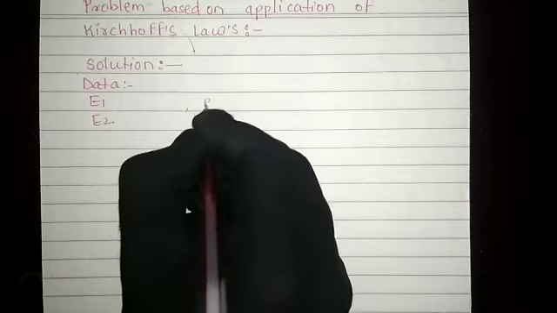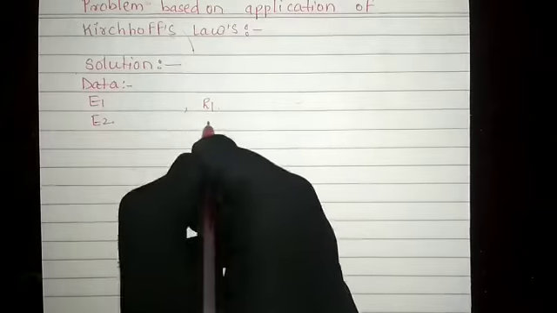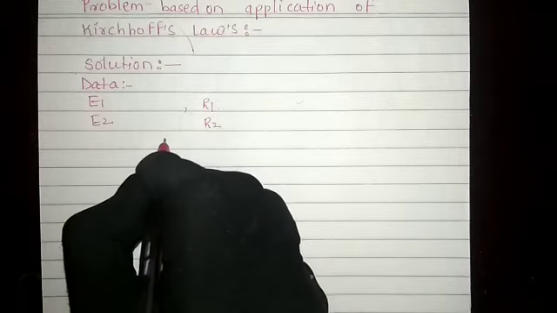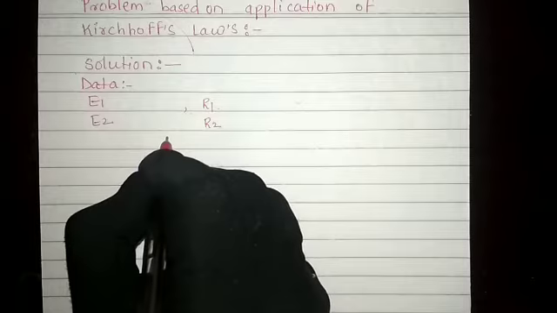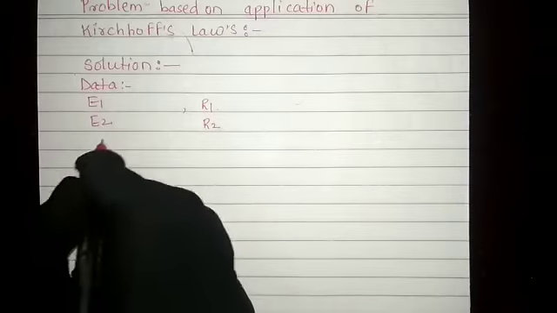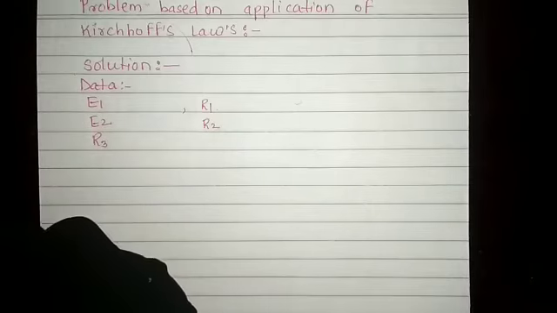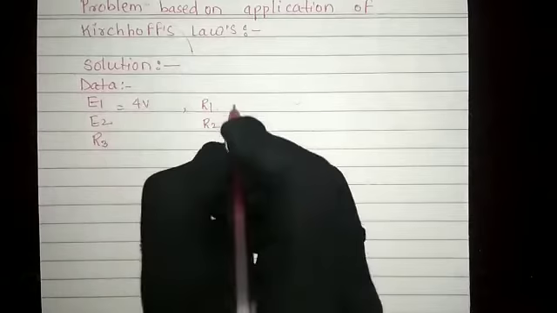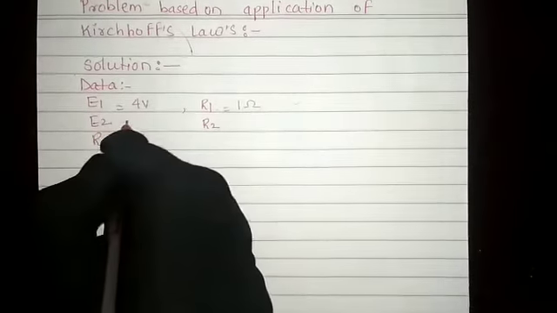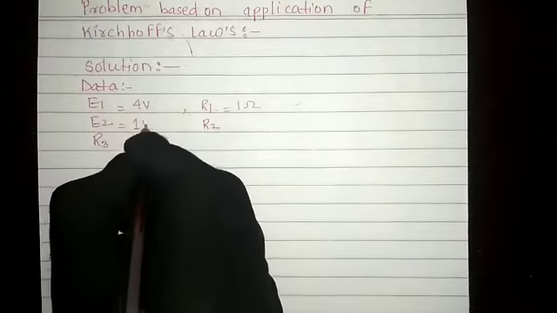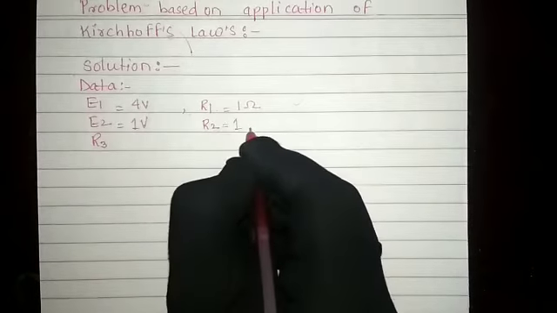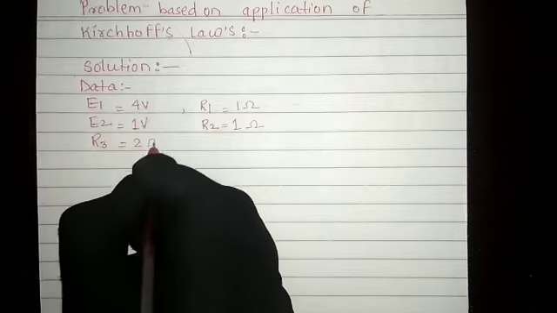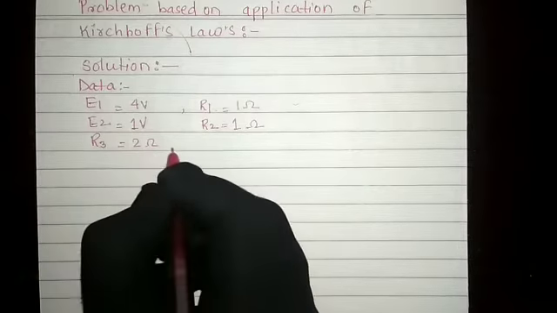The internal resistance of E1 will be R1, across E2 the internal resistance is considered as R2, and the external resistance that we are going to connect across these two batteries, consider as R3. So E1 is given as 4 volt with internal resistance of 1 ohm, then E2 is given as 1 volt with internal resistance of 1 ohm, and R3 is given as 2 ohm, that is externally connected.